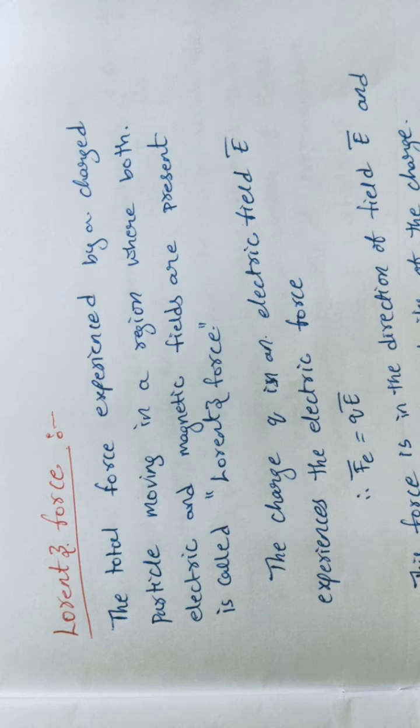In the case of the Lorentz force, we take both things. The total force experienced by a charged particle in a region where both electric and magnetic fields are present is called the Lorentz force. In this condition, both magnetic and electric fields are considered, and we want to find out how much force will be present.